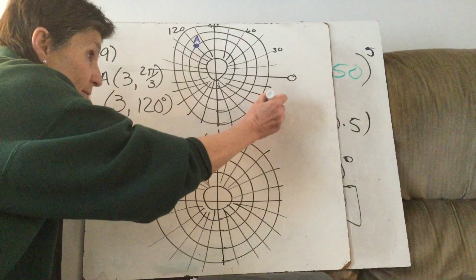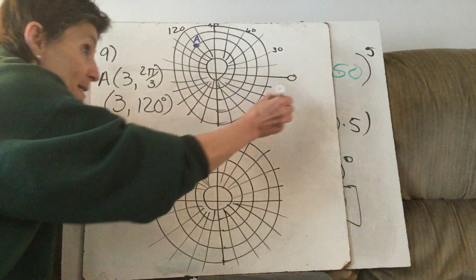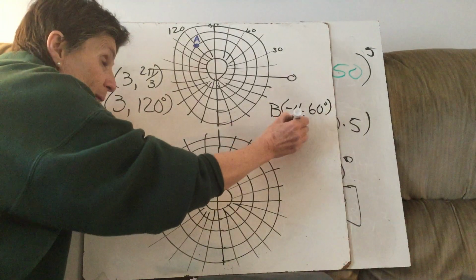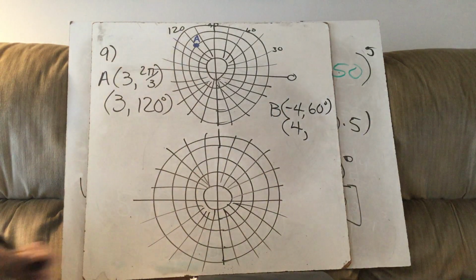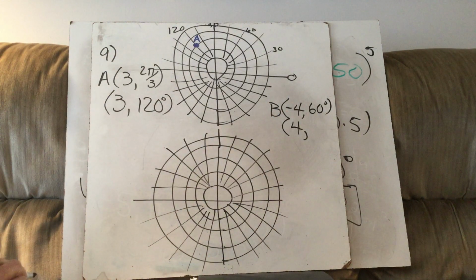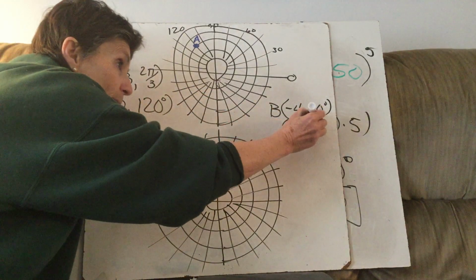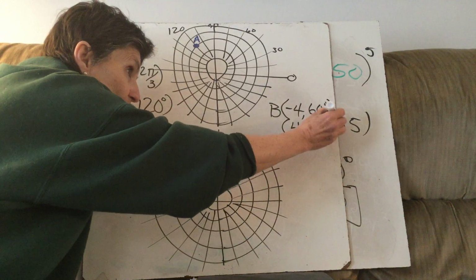Now, B is the point -4, 60. Kids, we've talked about this. You cannot plot a negative R value. Can't do it. So we're going to change that to a +4, and then we're going to change our angle by 180 degrees.